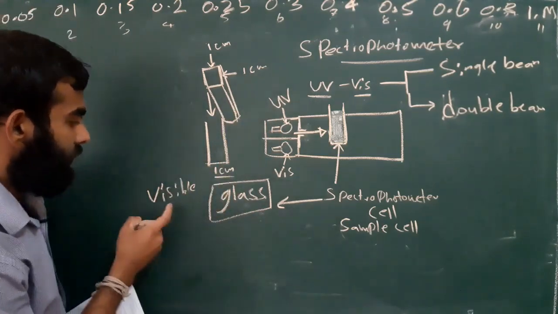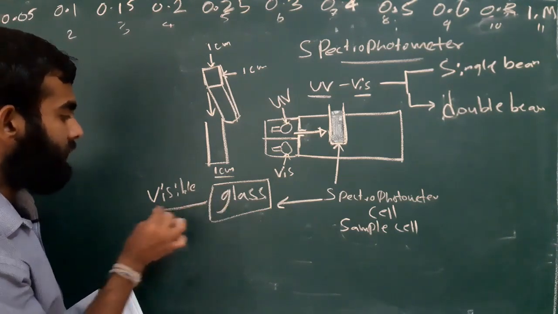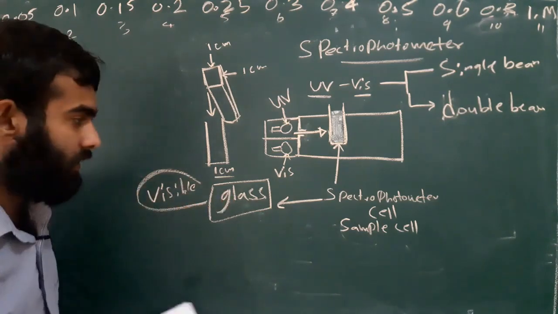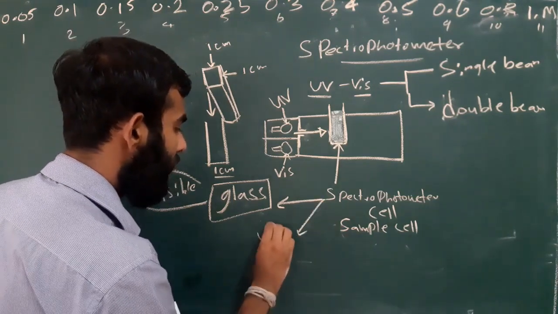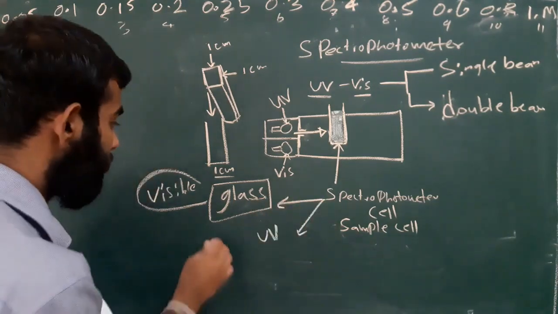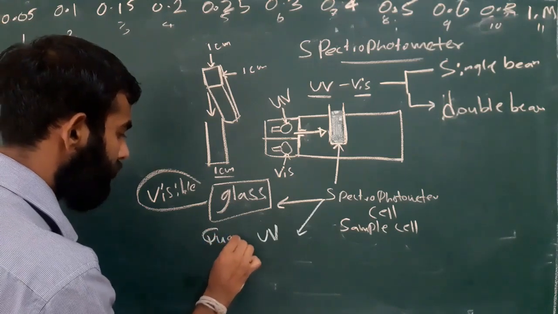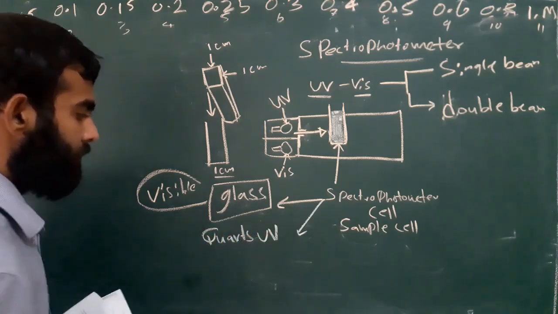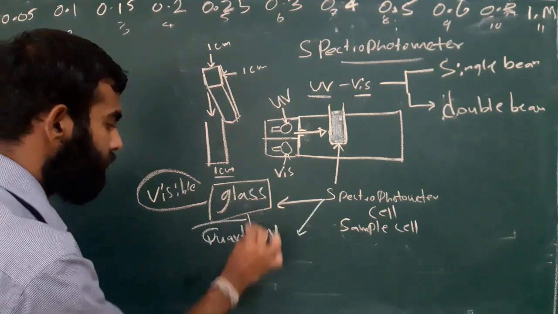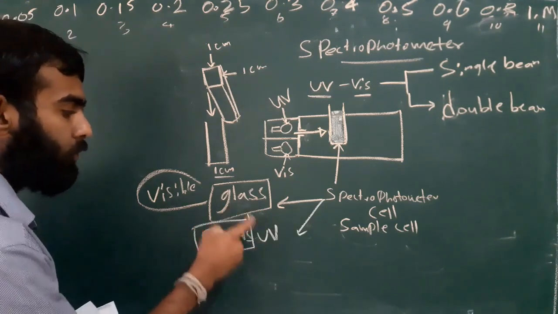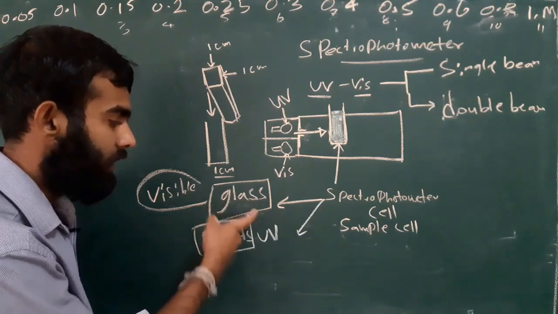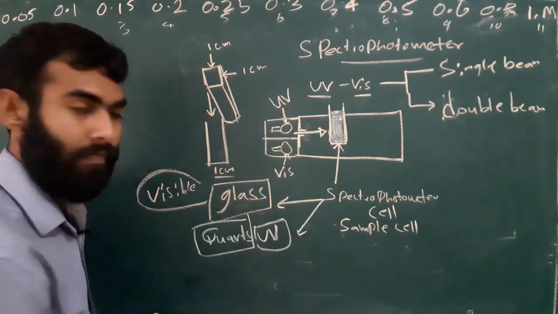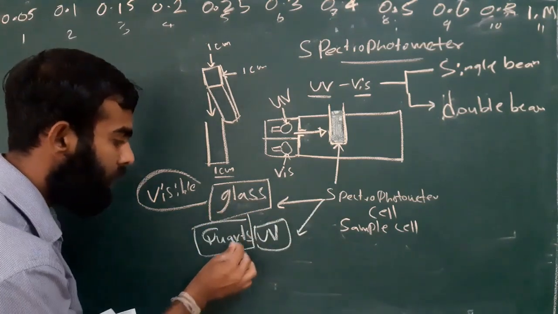When we are using visible light, we will use glass cells. However, when we are using UV light, we have to use quartz, because glass will absorb UV light. Because of that, we can't use glass cells when we are using UV light. We have to use quartz cells.